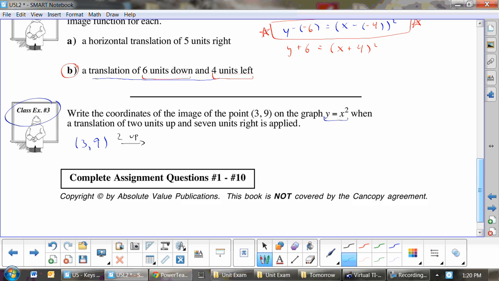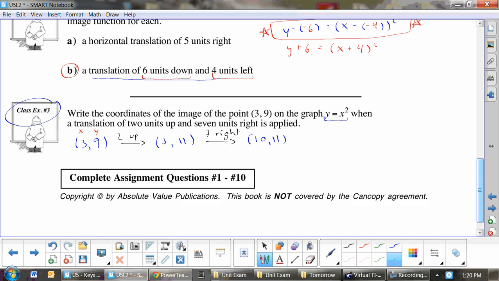So if we move this point 2 points up on the graph, where would it be? Remember, this is our x, and this is our y. Exactly. And then the next thing we do is move 7 units right. You got it.